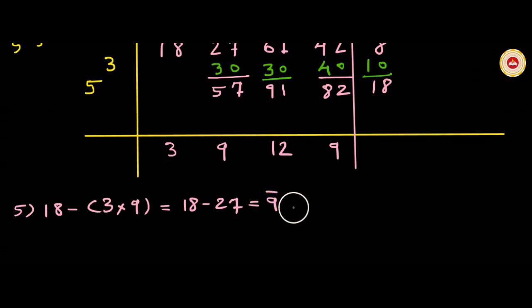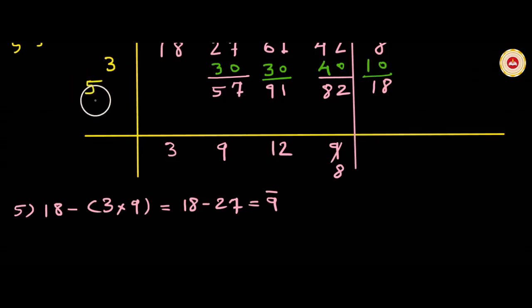We don't want net dividend negative. So what to do? Let us reduce last quotient digit by 1. Let us write 8 here and let us increase the value of remainder by the value of divisor.